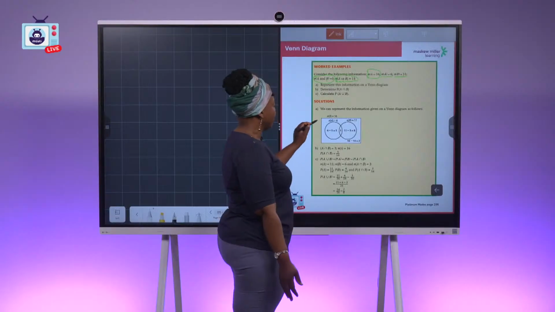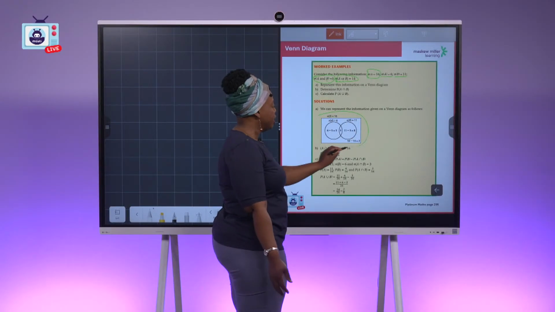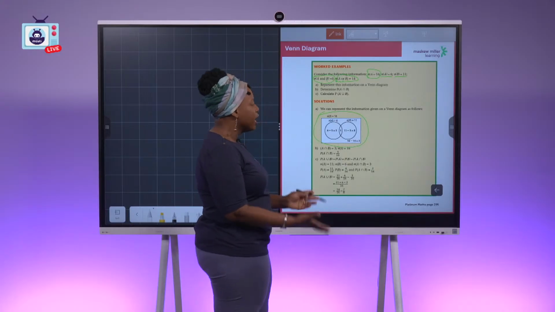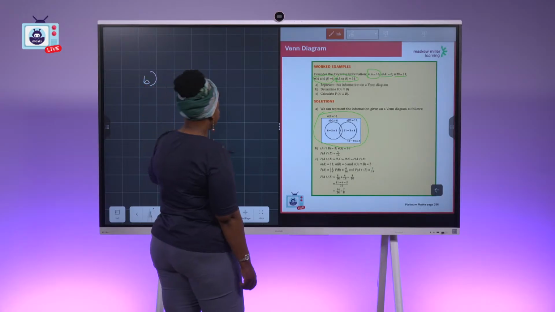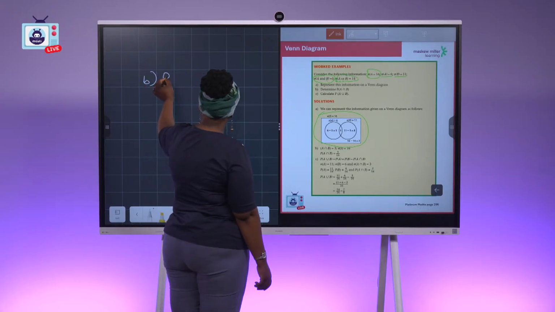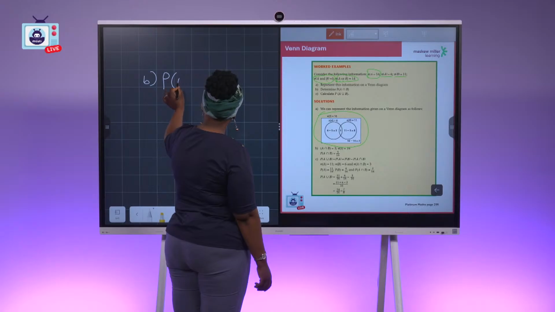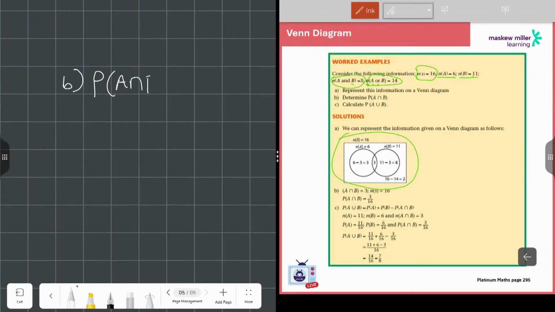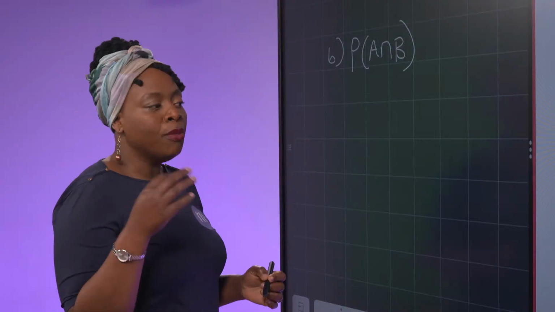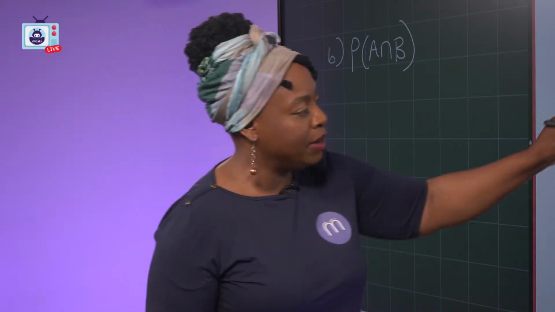That is done. We have responded to that. We have drawn our Venn diagram with all the information that is needed, and we have managed to understand what it is that we have and what it means. Now, the second question: they said, determine the probability of A intersection B, right? Which is AND. Remember, you must now find the probability of the middle part.